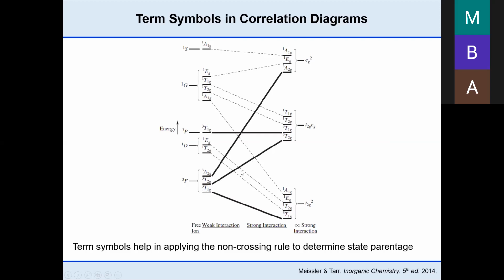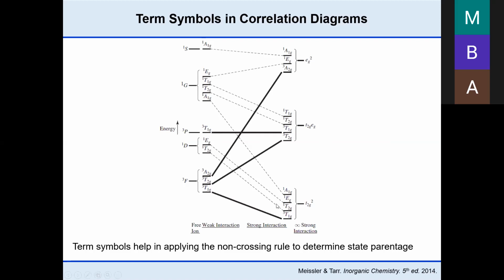When this happens, these states mix, and we get this state up here anyway, and we get this state down here anyway, even if we want to correlate this to the excited state and this to the ground state.